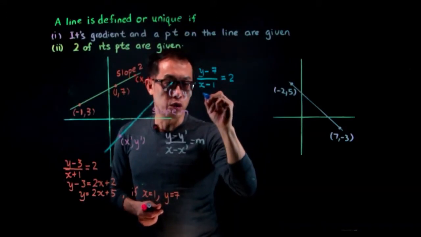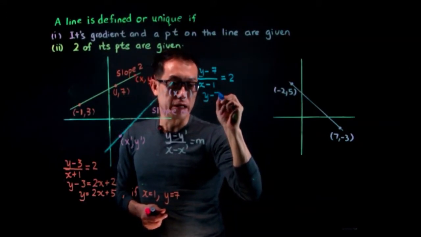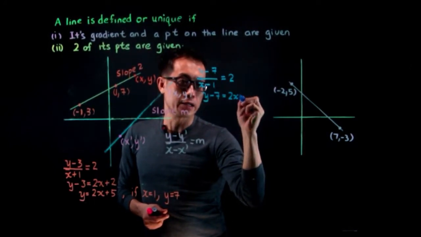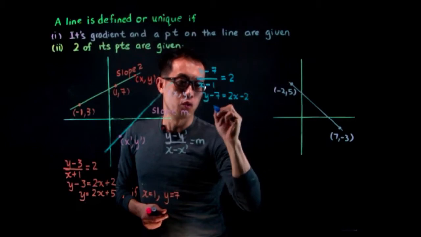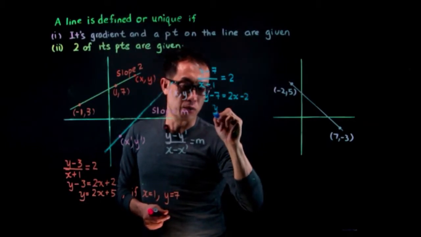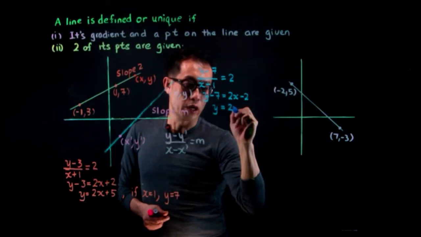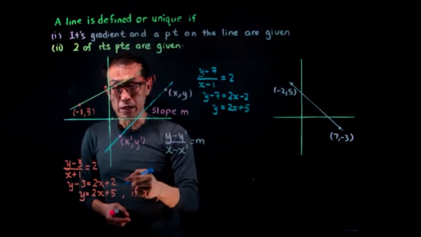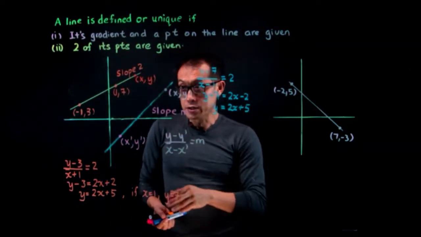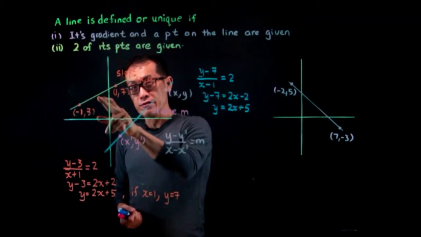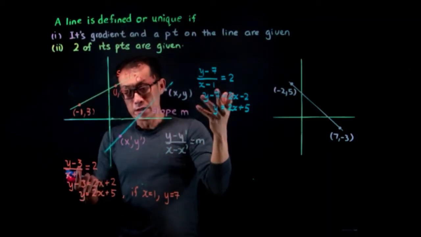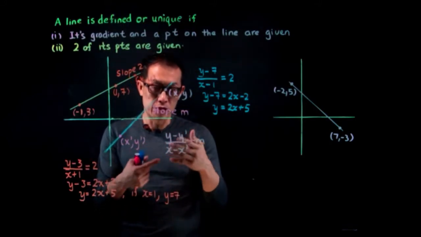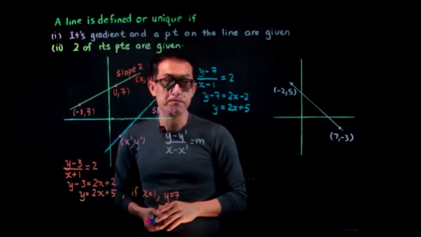So you cross multiply, you have y minus 7 equals 2x minus 2. And then you add 7 on both sides, you get 2x plus 5. So you find that you get the same equation. So as long as any given point on this line is given to you, and you have this slope, you will get the same equation. That is what the formula means.